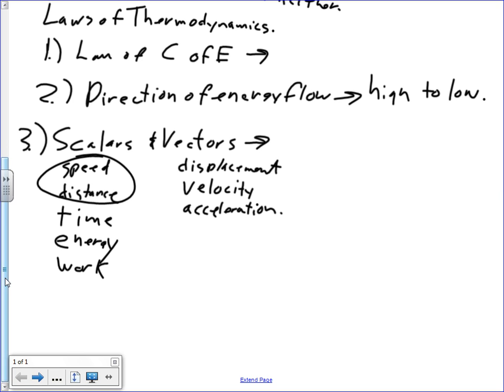All right. So does that sort of make sense there? I am going to ask some multiple choice stuff about scalars and vectors, but it'll be simple stuff. Most of the multiple choice stuff would be v equals d over t.